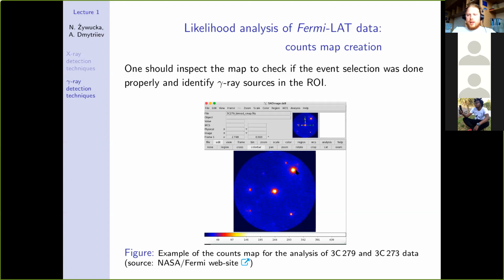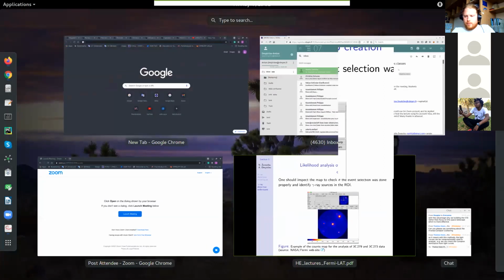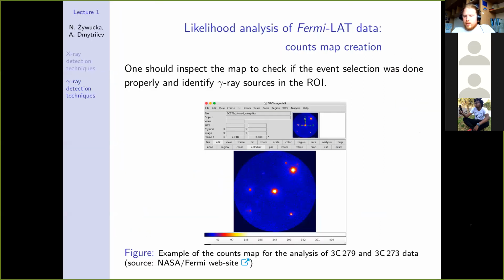Those are blazars, AGN with a jet pointing towards us. These appear as two bright spots in gamma rays. There are a couple of smaller, fainter point sources, and you've got your background, which has to be filtered out.